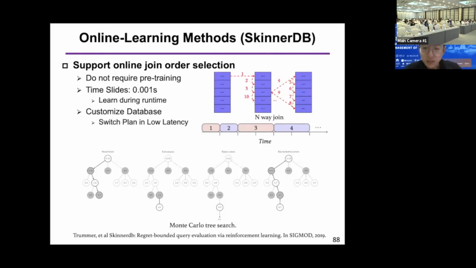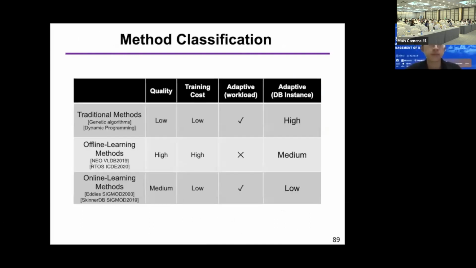SkinnerDB divides the query execution into many small time slices, and in each slice, it chooses 1 join order to execute, using the real performance of a join order in the time slice. SkinnerDB trains the Monte Carlo tree search to get a better join order selection. And finally, SkinnerDB merges the tuples produced in each time slice to generate the final results.